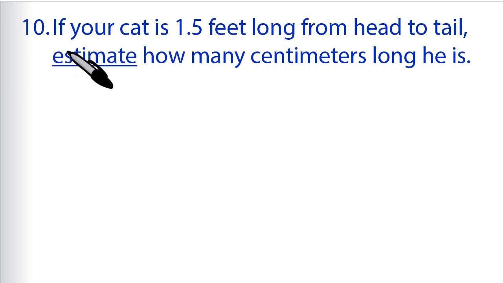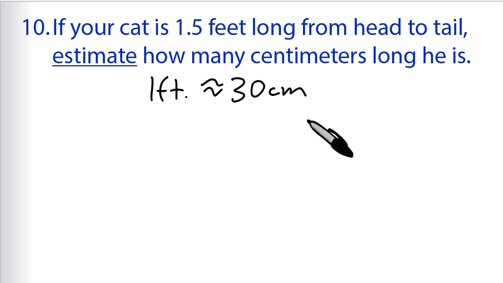For problem 10, we have, if your cat is 1.5 feet long from head to tail, estimate how many centimeters long he is. Now remember, our estimate for centimeters to feet is that 1 foot is estimated to be 30 centimeters. It's about 30 centimeters.